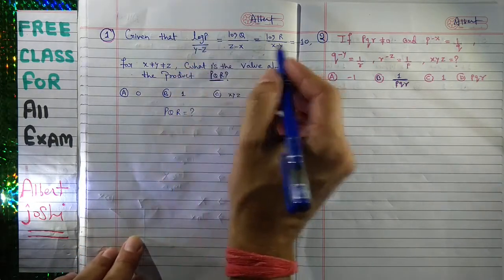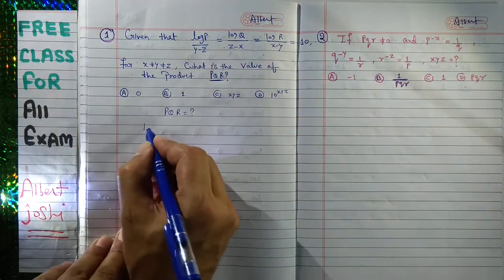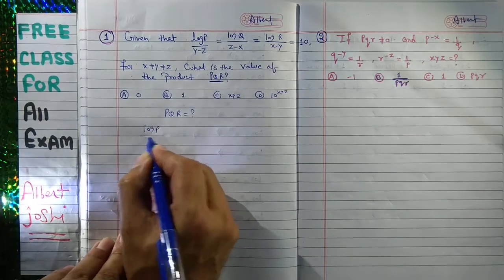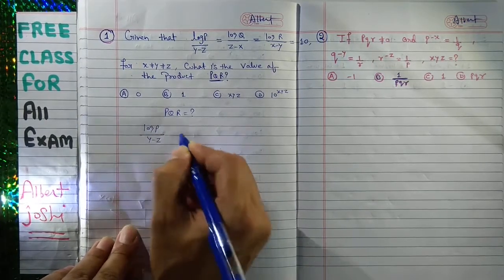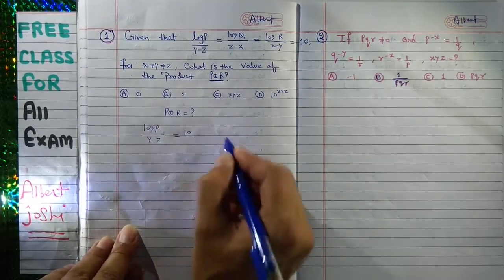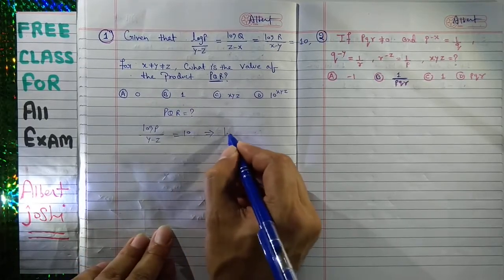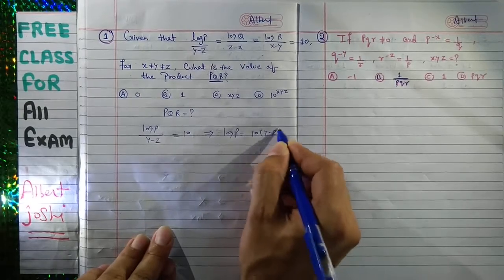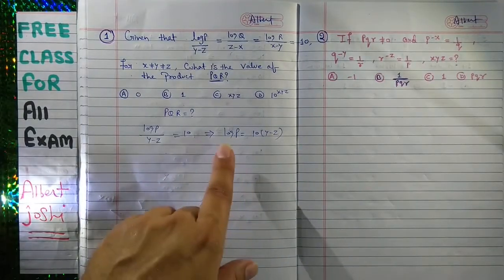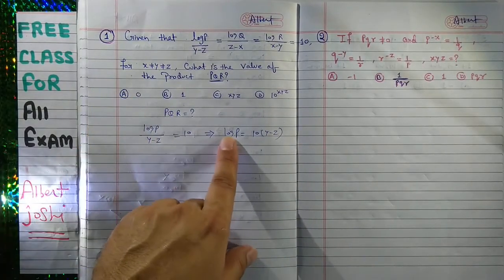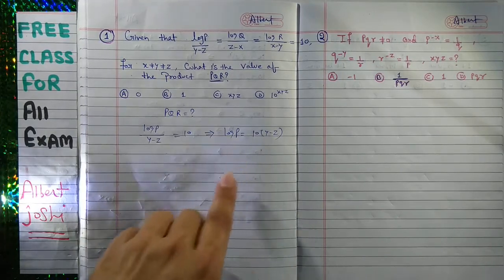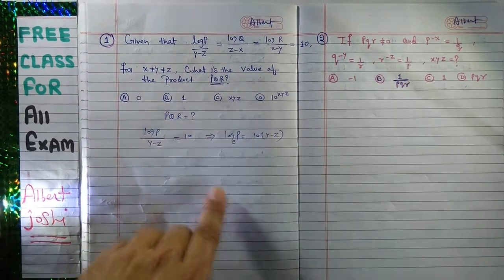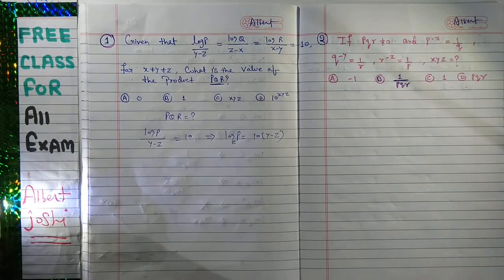So what have they given us? They have given us log P upon y minus z is equal to 10. It means that log P is equal to 10 into y minus z. Just before we discussed, whenever you write log, the base may be e or 10, we don't know.